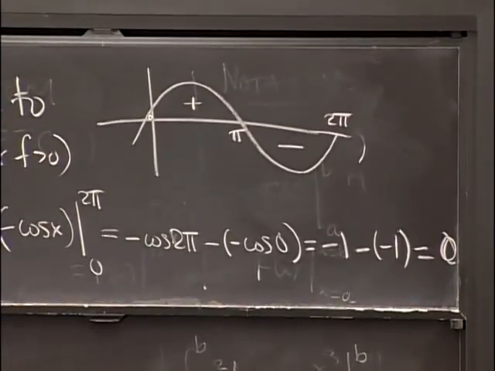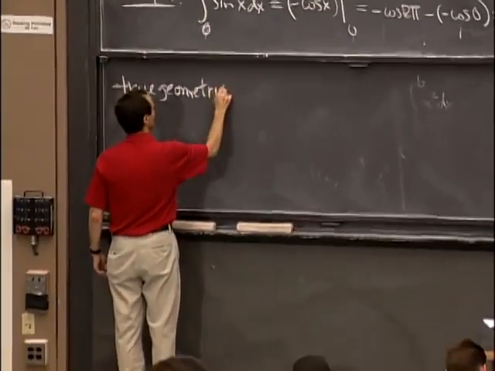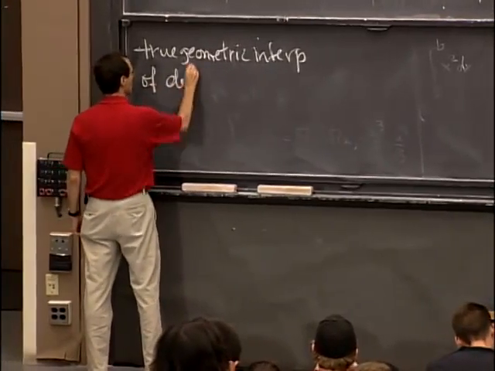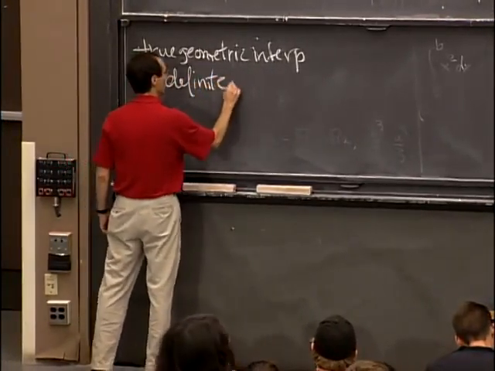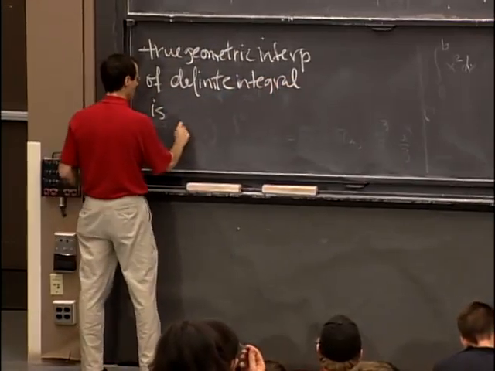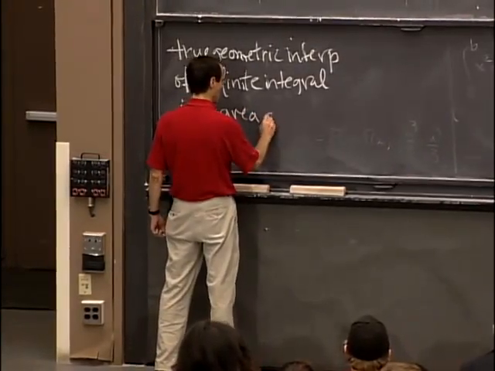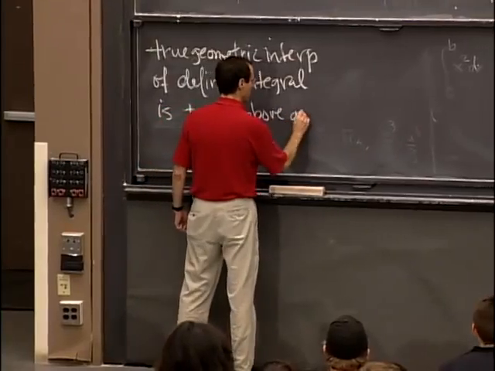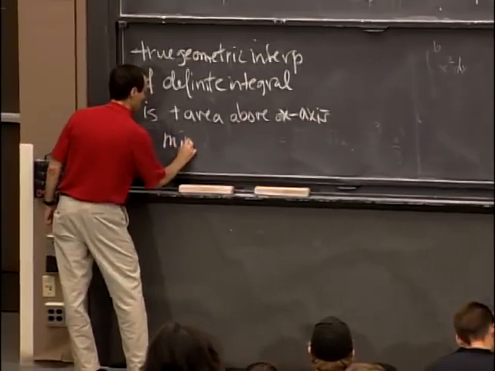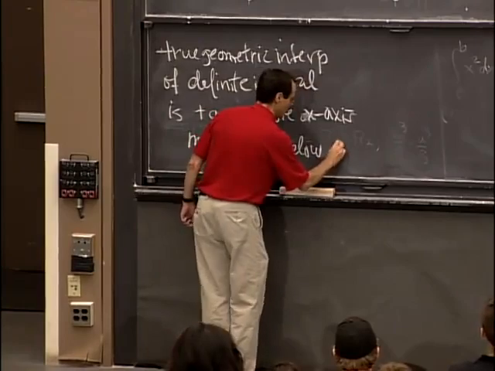So the true geometric interpretation of the definite integral is the plus the area above the axis, above the x-axis, minus the area below the x-axis.